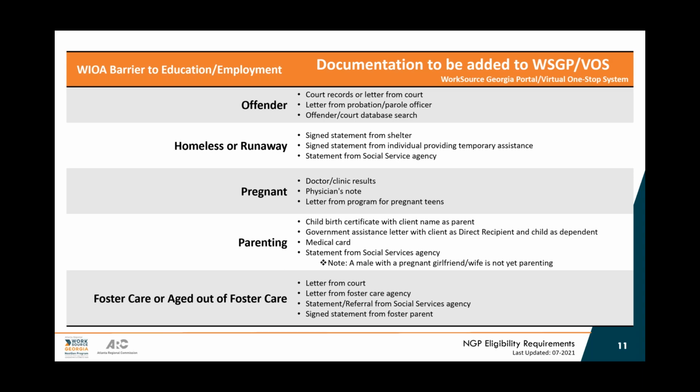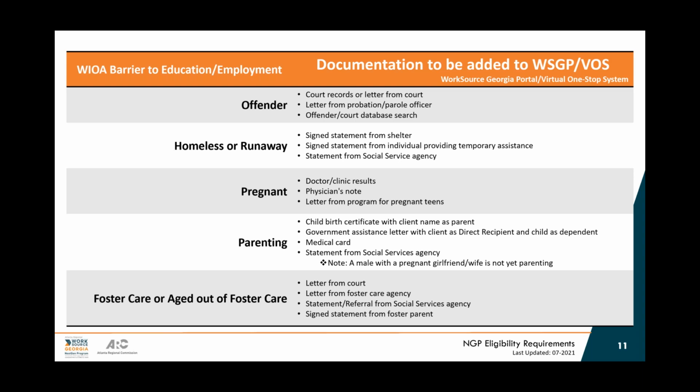Let's see. Last session, someone did ask about what documentation was necessary for homeless and runaway, and I was drawing a blank, and I apologize for that. So I did say self-attestation, which is a last resort form of verification. However, you can get other signed documentation from the shelter, or one of the shelters that person might be frequenting, anyone who's providing temporary assistance to that individual, or any social service agency.